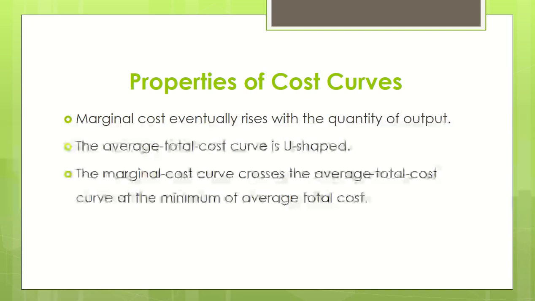At this point, the firm is producing at the maximum level of output where the average total cost of the firm is minimum. In short, this is the point when total product is maximum and average total cost is minimum, and hence this point is known as the efficient scale of the firm.